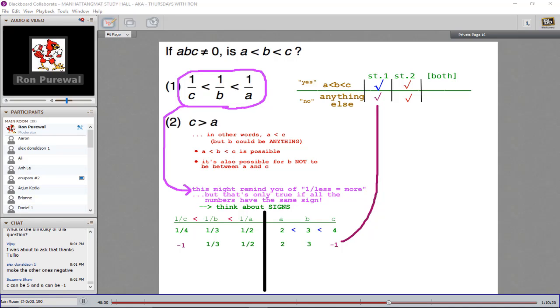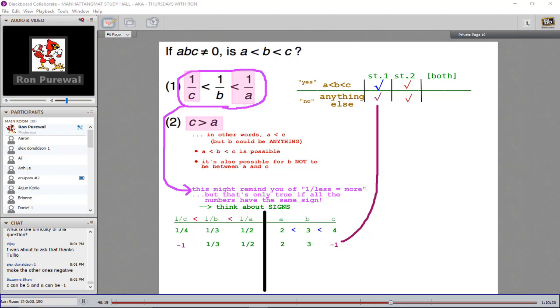Thinking about that will not help you solve any of the problems. So don't think about it. It's mental clutter. Think about what it means to have both of these things together. And don't worry about B right now.